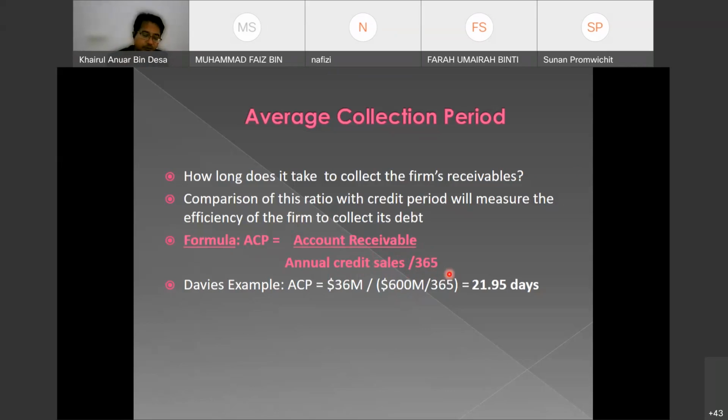So from the example given, 36 million account receivable, 600 million credit sales annually over 365 days, and on average this company is able to collect in 22 days.